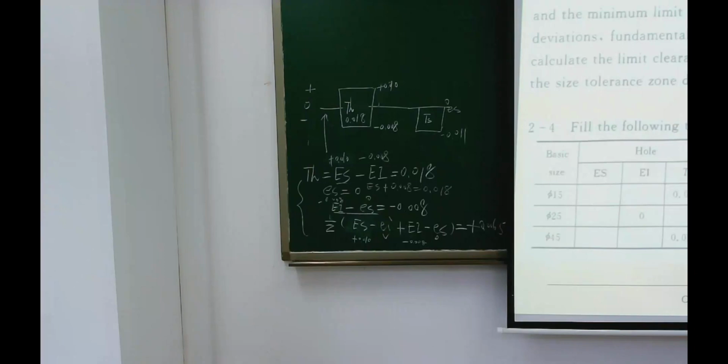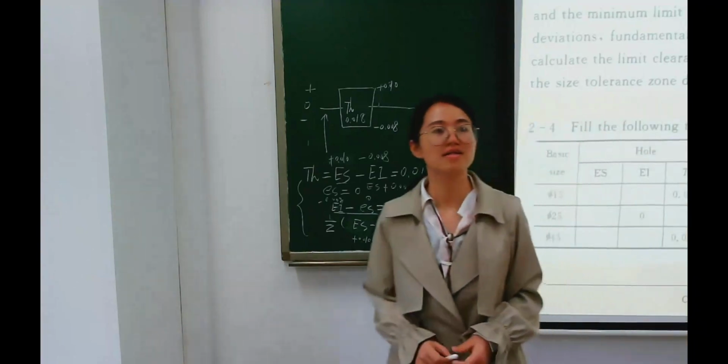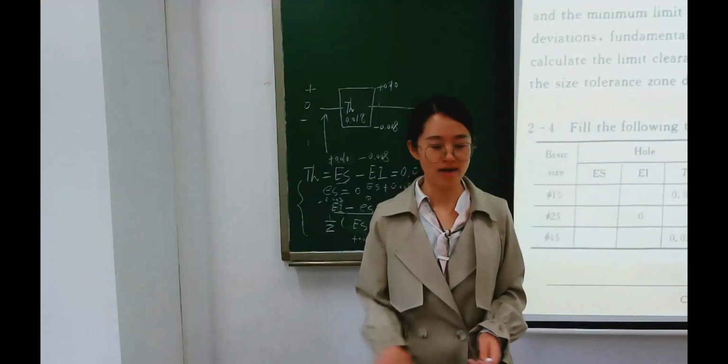The maximum is minus 0.008. You can calculate the EI from this, and the new equation. Okay, do you have any questions?